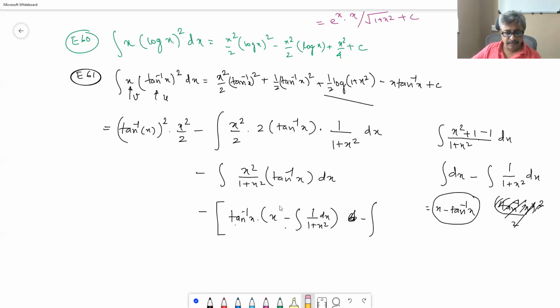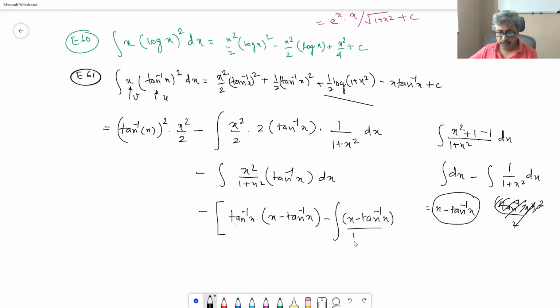So using that, u into integral of v, which is x minus tan inverse x, minus integral of x minus tan inverse x, that is integral of v into derivative of u, which is 1 upon 1 plus x square dx.